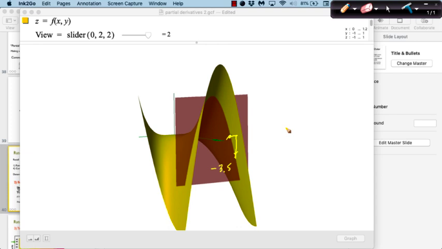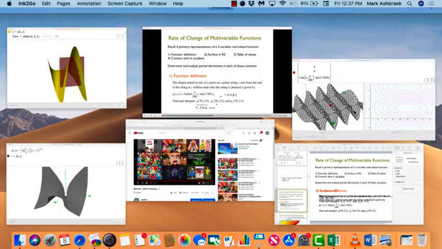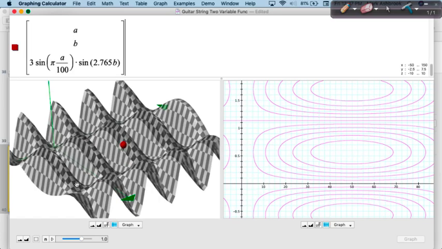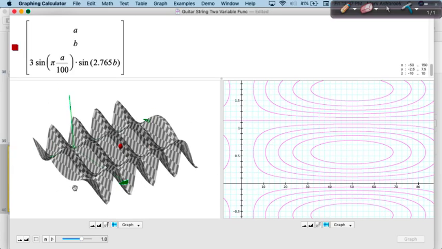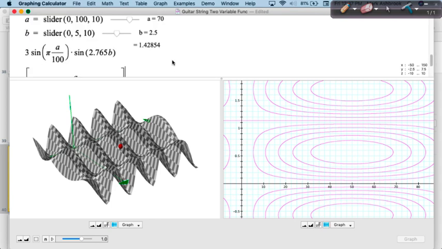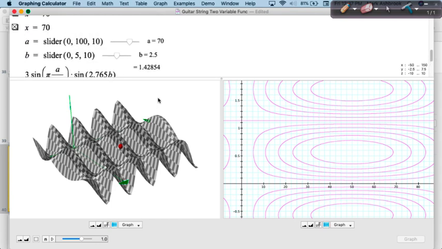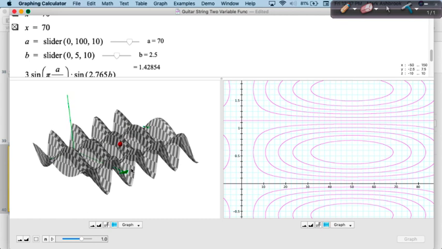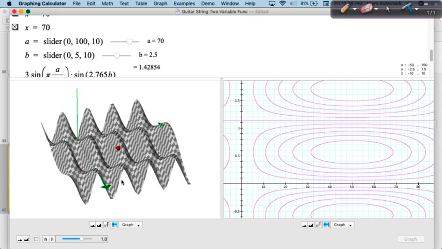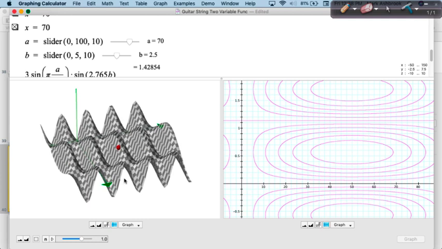Okay, what about for our guitar string? Here's the guitar string function. And there's the point. What point were we looking at? 70 millimeters down the string, 2.5 seconds. So what's the partial derivative with respect to x?